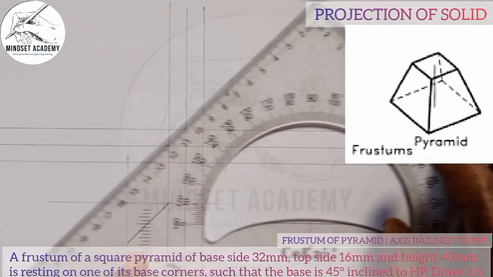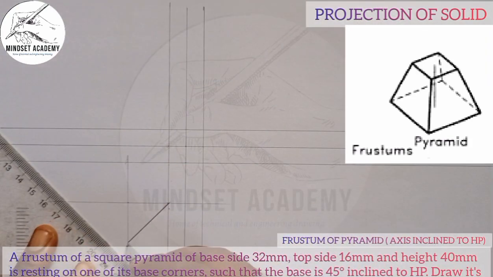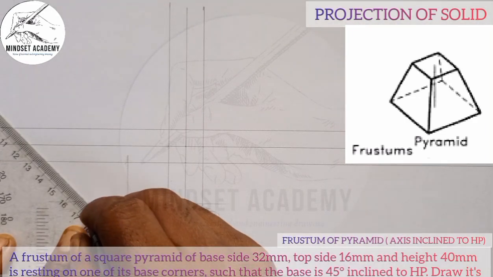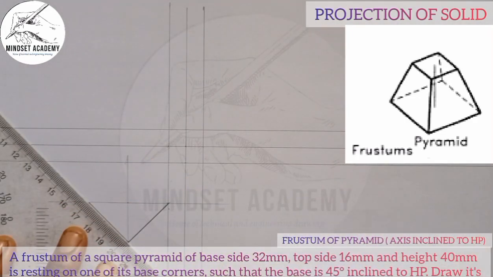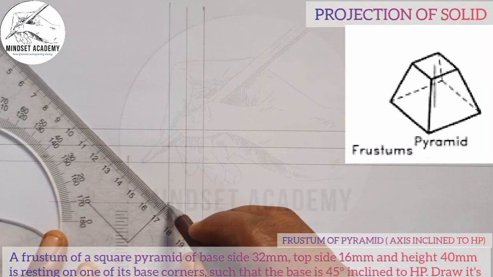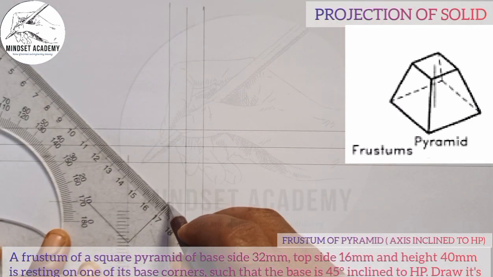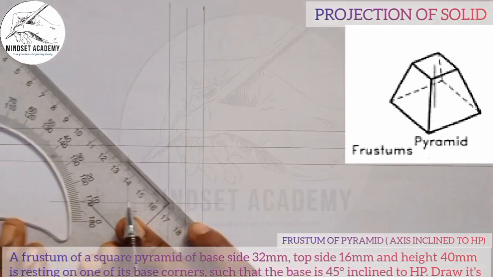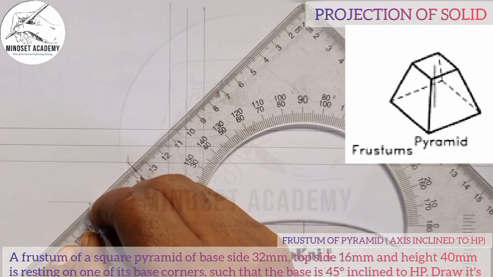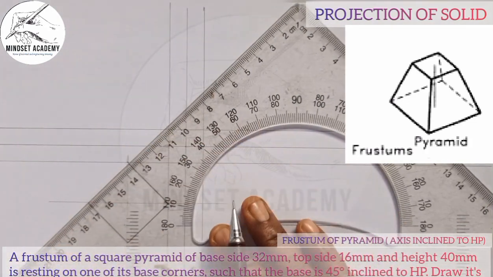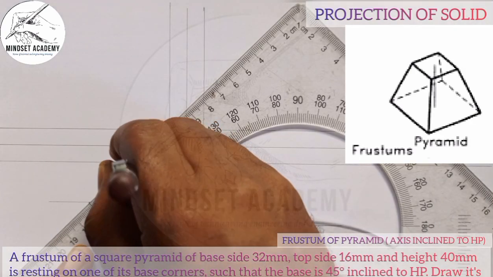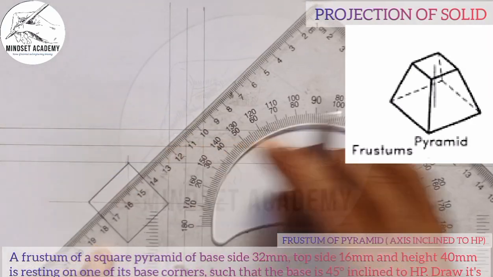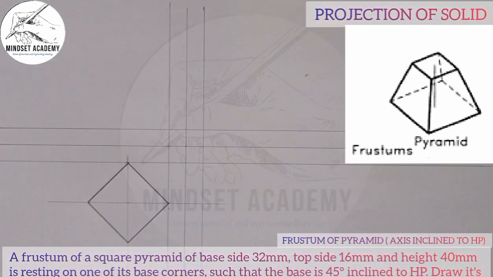I'll thicken it and I'll come here also. I'll thicken it. You can see that. I'll come here too. I'll thicken it, and I'll come here too. You can see that.